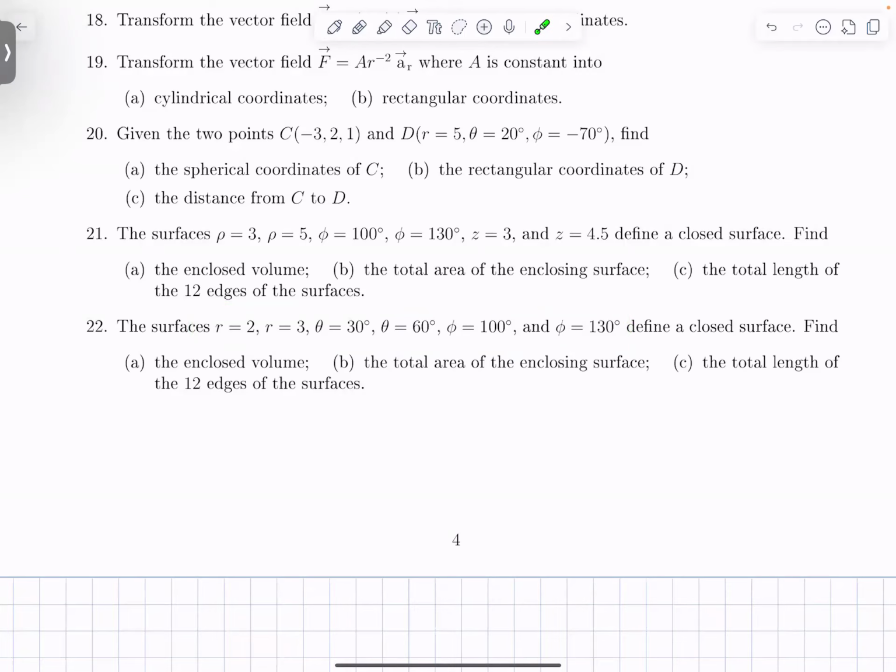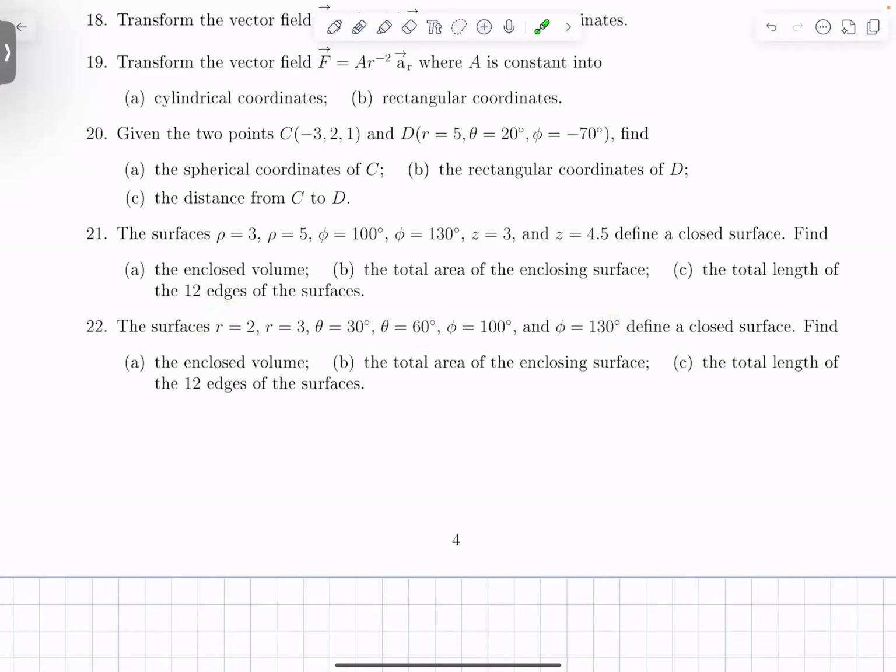Problem 22 and problem 21 are pretty similar. 21 is for the cylindrical coordinate system, whereas 22 is for the spherical coordinate system. So I'm going to do the spherical one, 22, and you can try 21 at home, and I'll post the solutions on Brightspace. Okay, so first of all, note these changes.